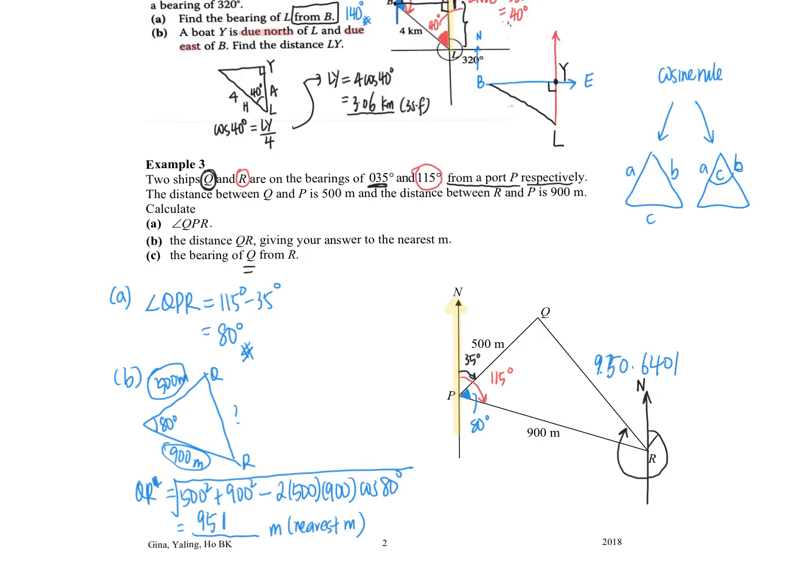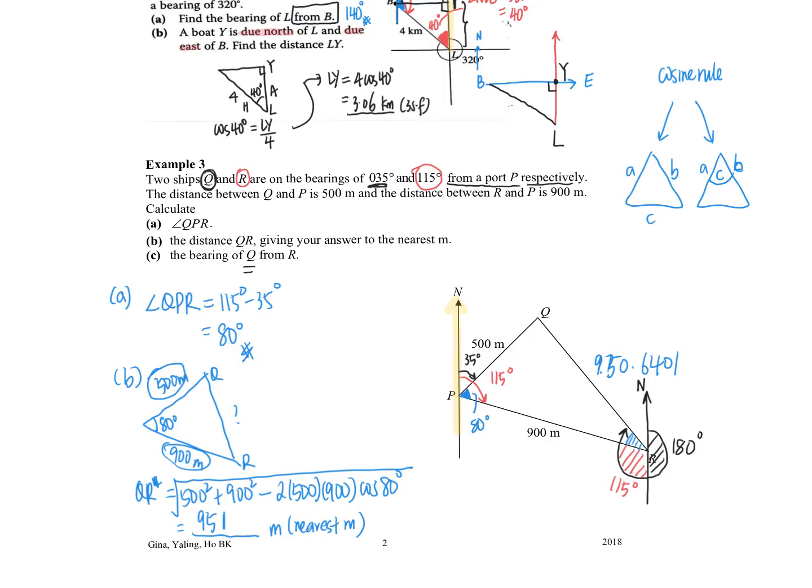This one, no problem, I know it's 180 already. This part here, I can also find. Just parallel lines. So this one, if I alternate, this is 115. So this one I know. What I need to find is the blue angle here.